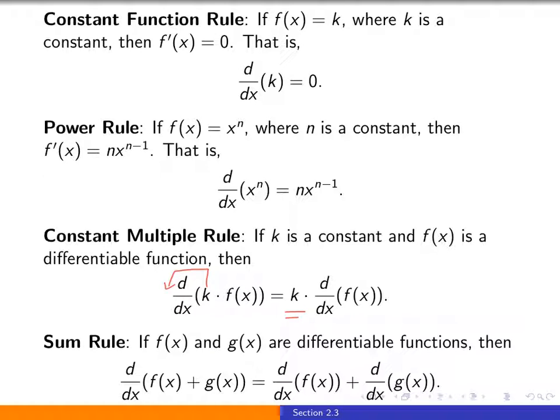The sum rule tells us that if we have the derivative of a function plus a function, i.e. the derivative of a sum, we can break that up in terms of the derivative of the first plus the derivative of the second. So the derivative of a sum is the sum of their derivatives. And the idea here is just to break it down into as many simple, easy to differentiate functions as possible. So let's look at a few basic examples.